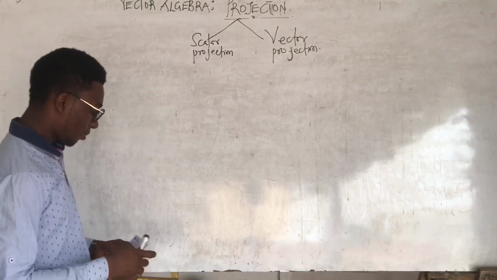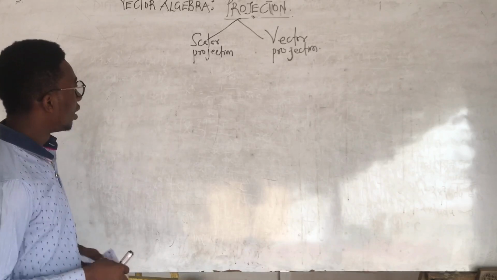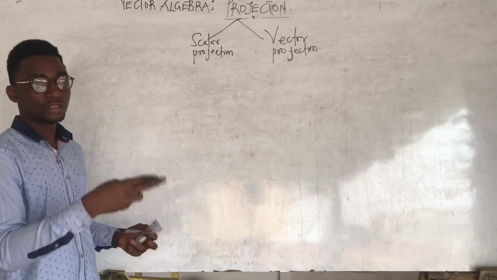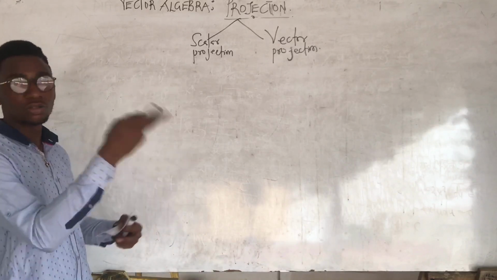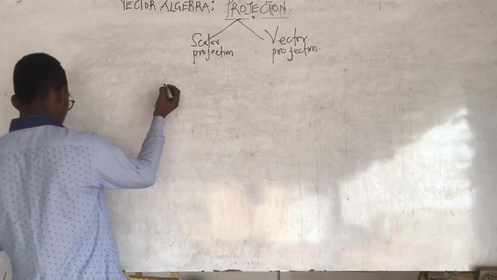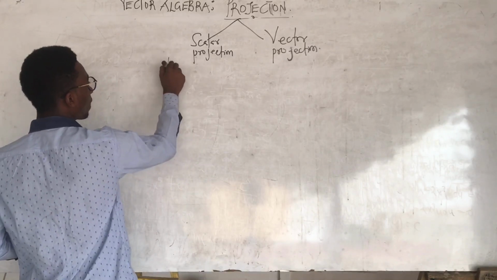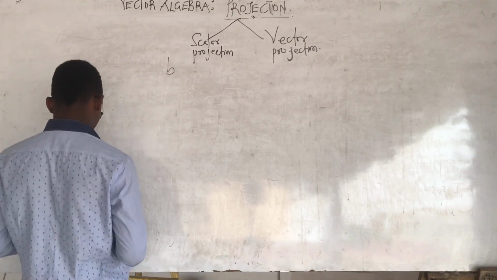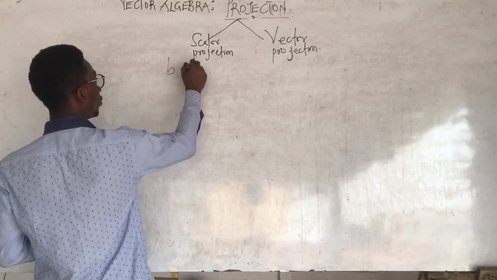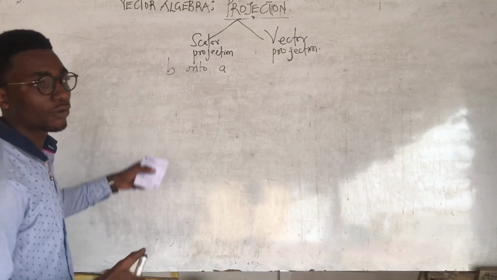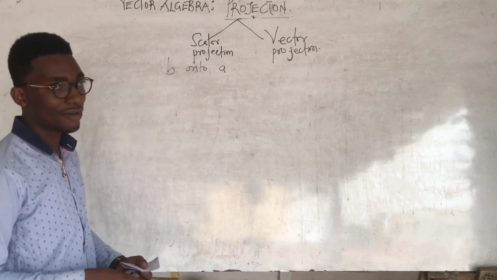Now, anytime you see a projection, you project from something onto something. A projection simply means you project from, maybe, a vector B onto a certain vector A. So the projection is from one vector onto another vector.